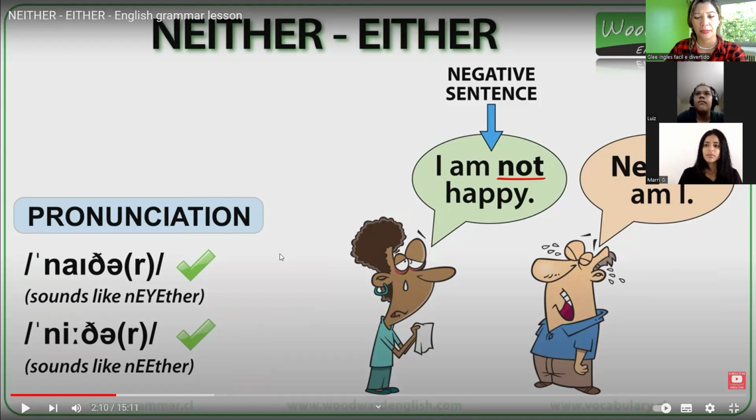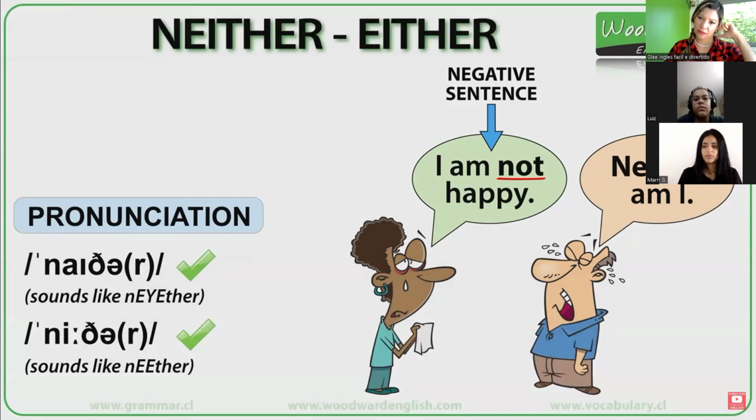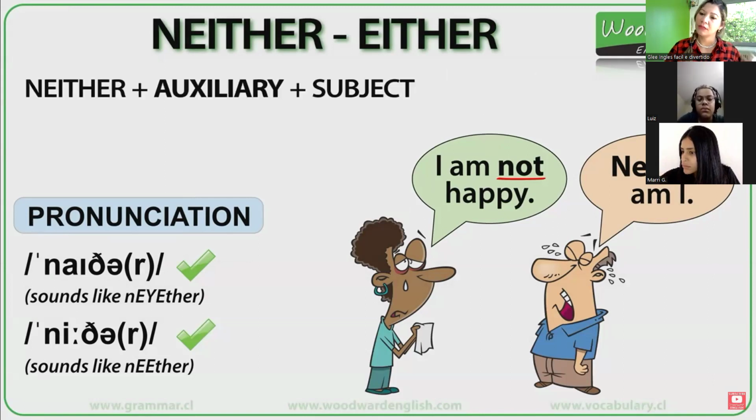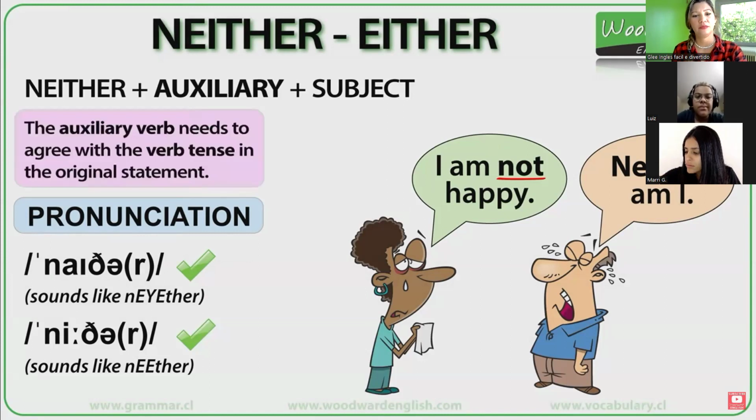So, you may hear neither am I or neither am I. They're both correct. Notice the word order. Neither plus auxiliary plus subject. The auxiliary verb needs to agree with the verb tense in the original statement or sentence.